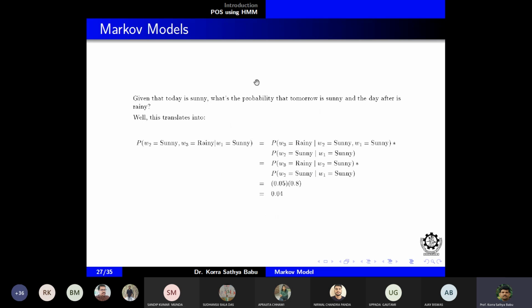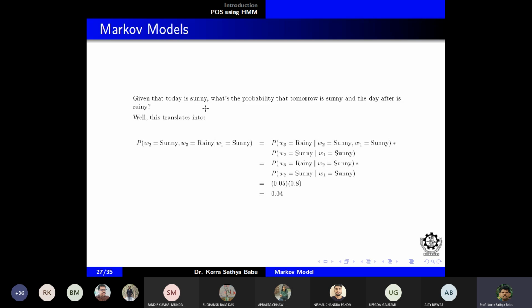Now let us see the problem. Given that today is sunny, what is the probability that tomorrow is sunny and the day after is rainy? You should remember that the previous probability transition state diagram is needed. Suppose today is sunny, what is the probability that tomorrow is sunny and the day after is rainy?